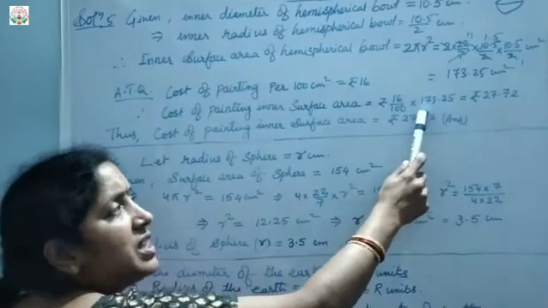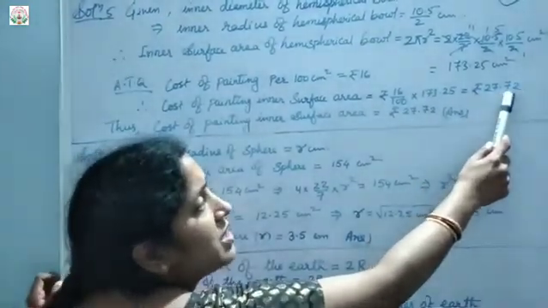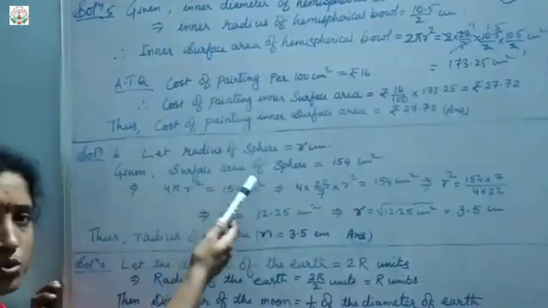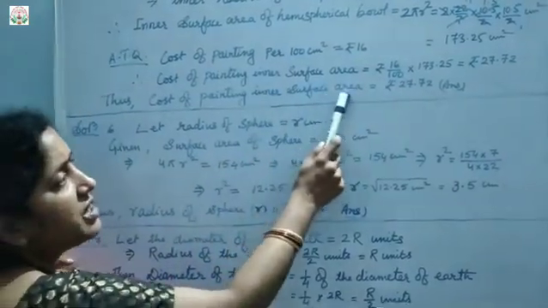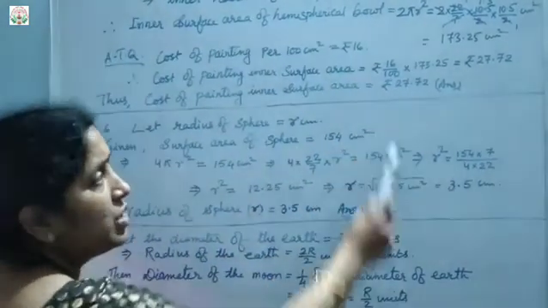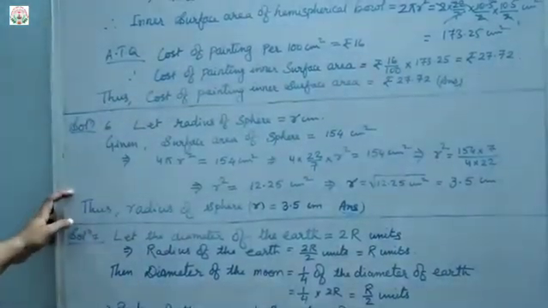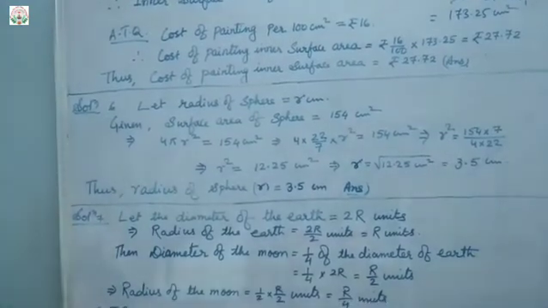On multiplication and simplification what you will get? Rupees 27.72. Okay. So that is what we are supposed to find. So cost of painting the inner surface area equals rupees 27.72, answer.